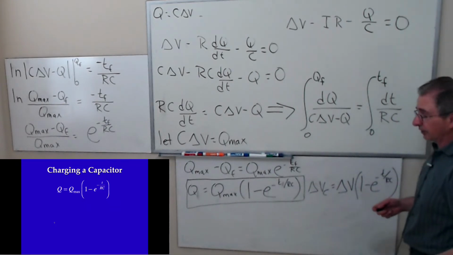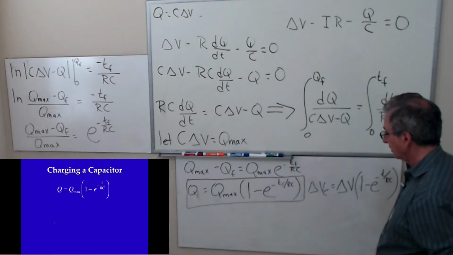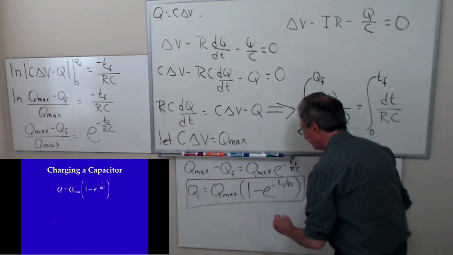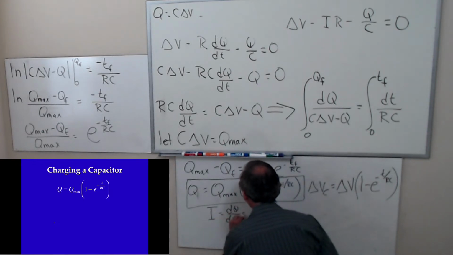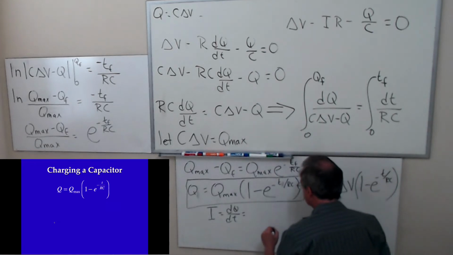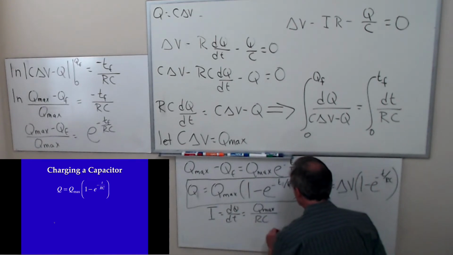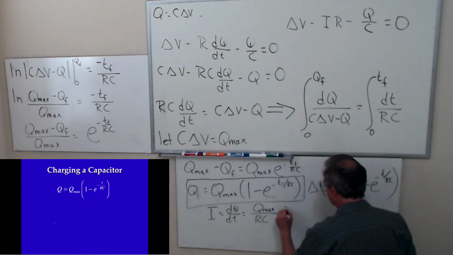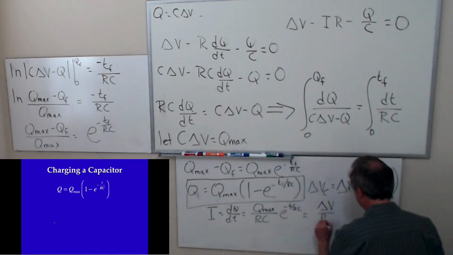And I can get the current. The current's a derivative of this, right? I is dQ over dt, which is going to be Q max over RC e to the minus t over RC, which is delta V over R.